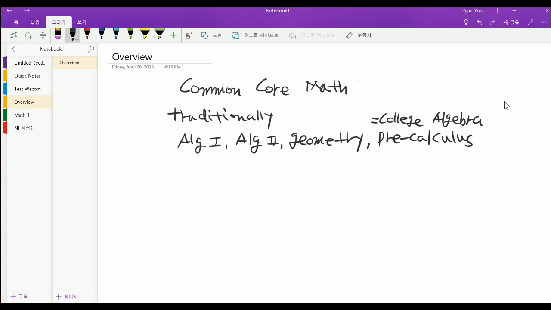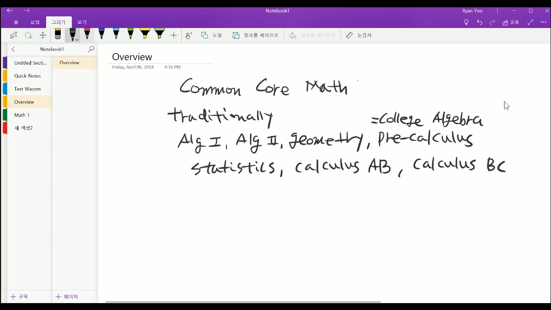When you have all these four classes, then you have a choice: you can take either statistics or Calculus AB or Calculus BC.